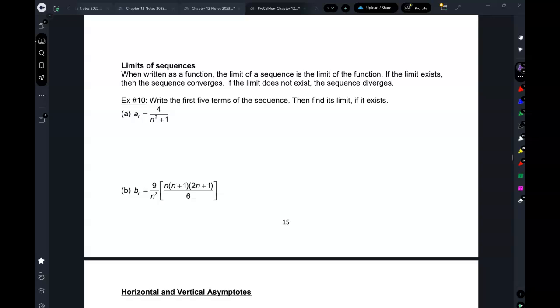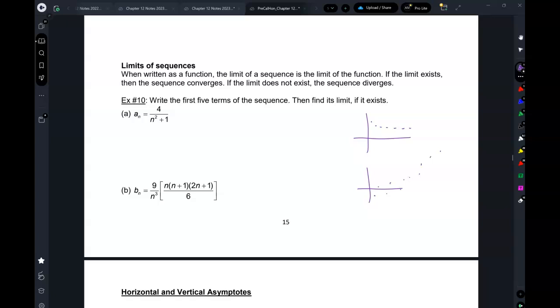Remember that? We said if the values approached a certain point, then it converged. But if the points didn't approach a finite quantity, then it diverges. Yes? Okay. We can do the same thing.